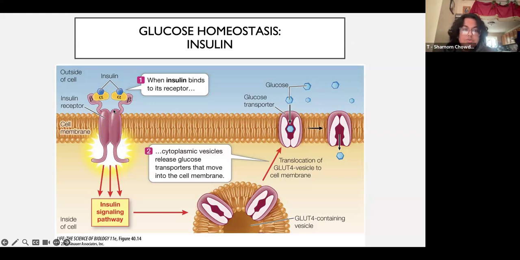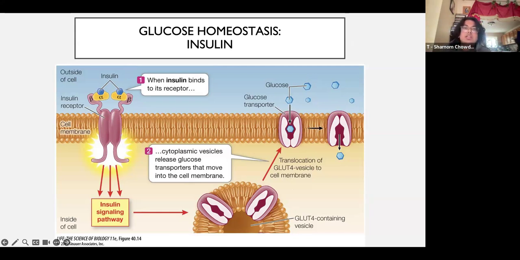Insulin binds to the cell receptor, and then after it binds, within the cell, vesicles release glucose transporters. So your vesicles release these purple glucose transporters, and then these go into the cell membrane. Now the glucose transporters can help take in glucose and bring it inside the cell.